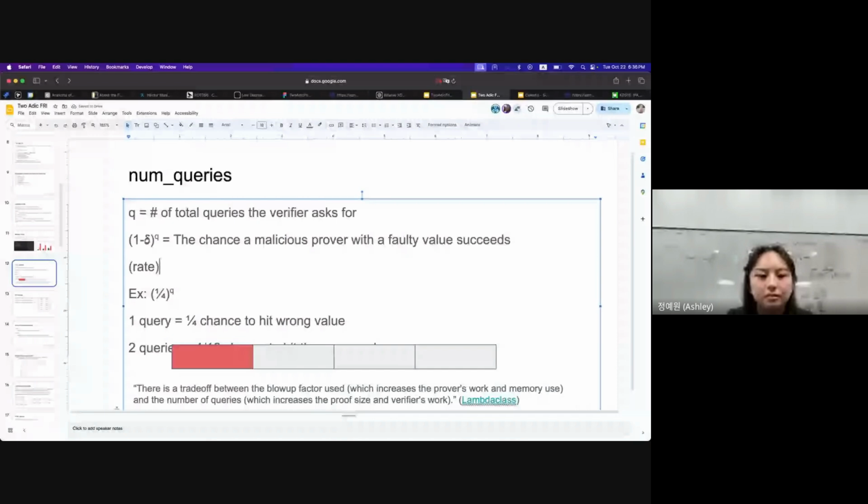Yeah. So this only works for the first iteration. After the second iteration, the equation changes. Now it only works for the first, and the second is rate to the q.